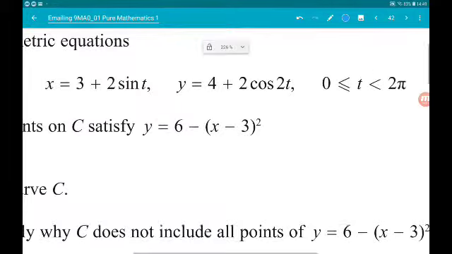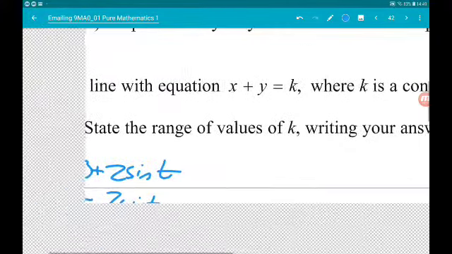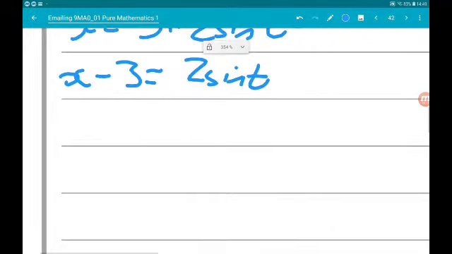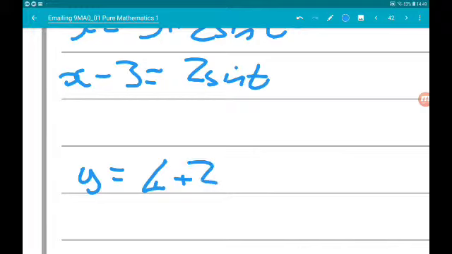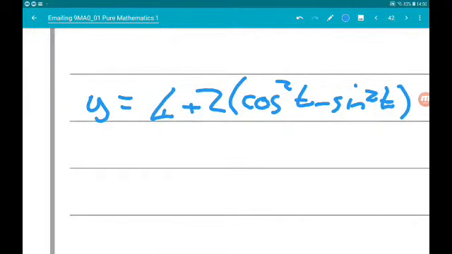Cos of 2t is cos squared minus sine squared. So we could write y as 4 add 2 lots of cos squared t minus sine squared t. Now cos squared we can write as 1 minus sine squared.